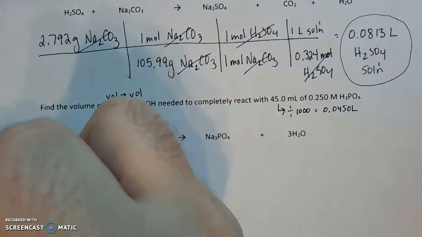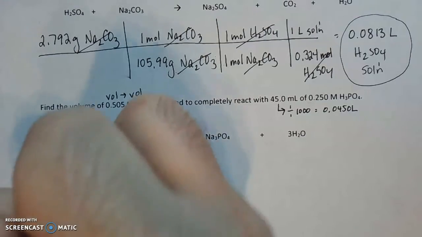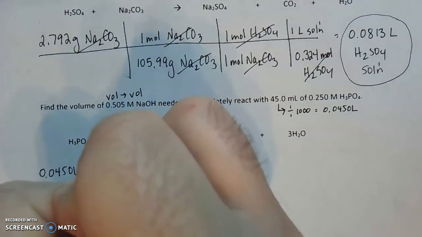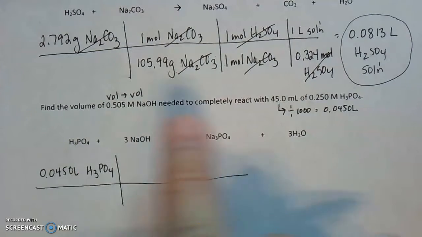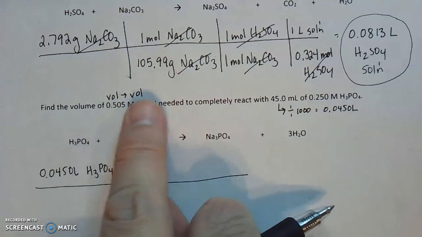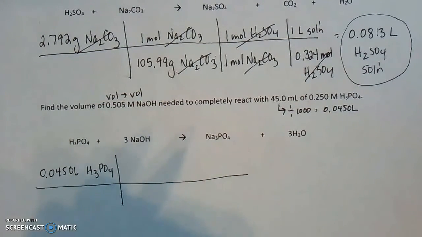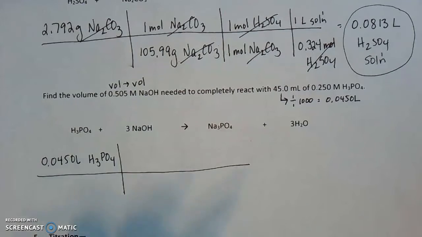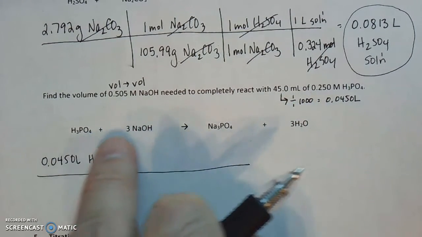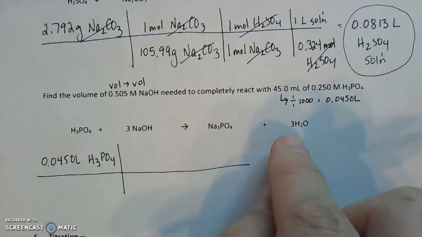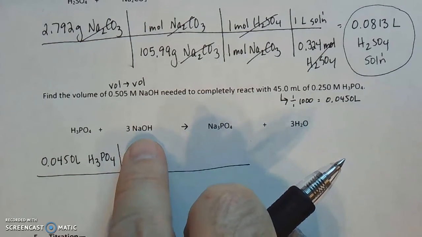So we have 0.0450 liters of H3PO4. We're going to use a molarity twice. A volume to volume, we do not have to worry about formula mass because we are already in moles with molarity. This is already balanced. You can see that we have coefficients in here.